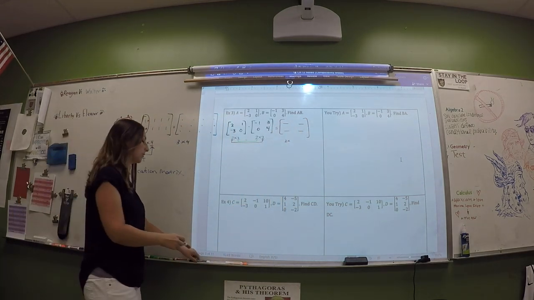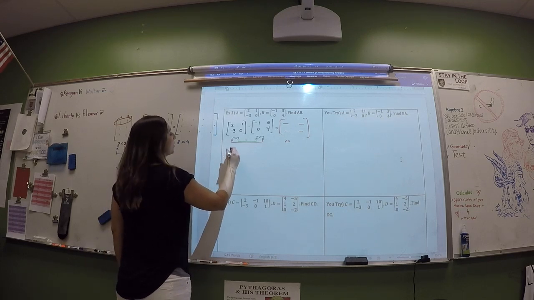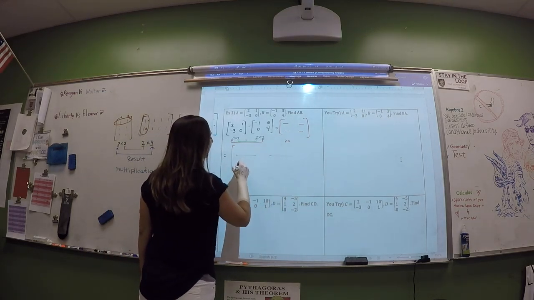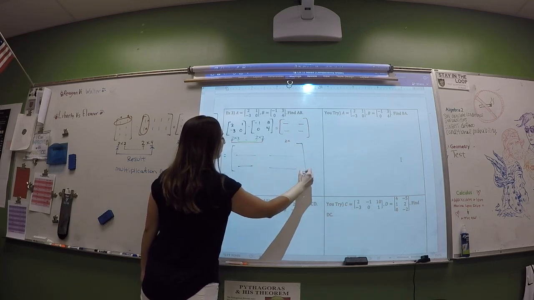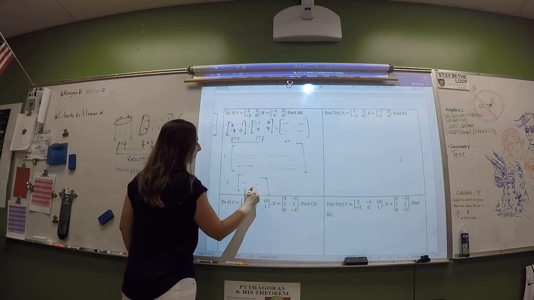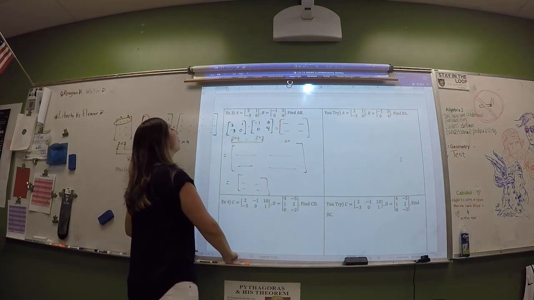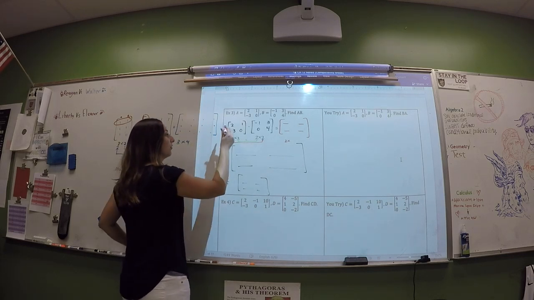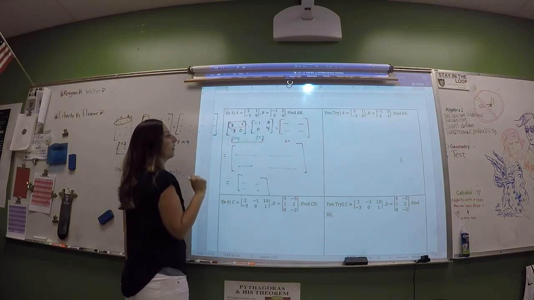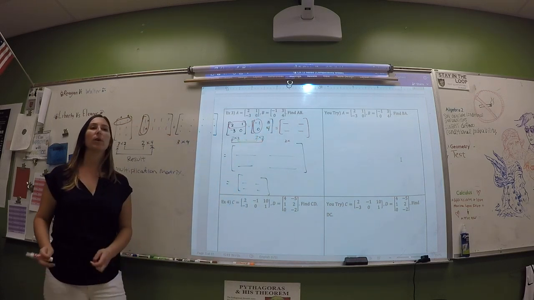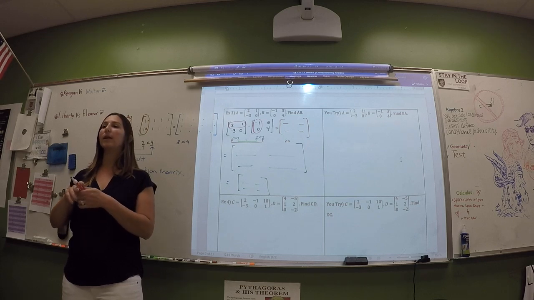Okay, now, how to multiply? I'm gonna show you in a few steps. This is gonna be the matrix that is representing my work, and then my answer is gonna go down here. We're gonna take the first row, so we always do rows by columns. We're gonna take the first row of the first matrix and the first column of the second matrix, and multiply the corresponding elements.